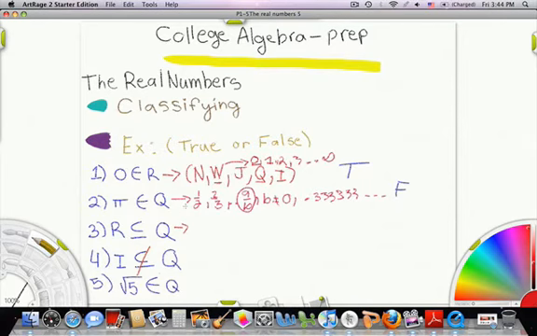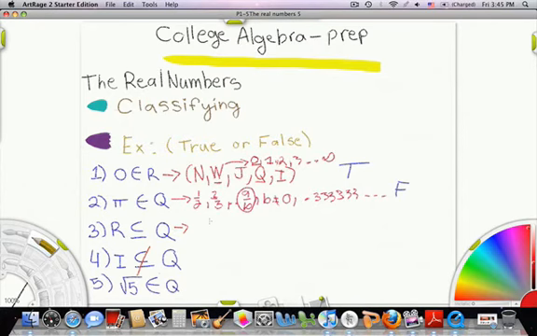And we know from the previous problem, or just from reasoning itself, that irrational numbers are not rational numbers, because irrational numbers are non-repeating decimals, like pi, like square root of 2, which is 1.4 and goes on forever, non-repeating.